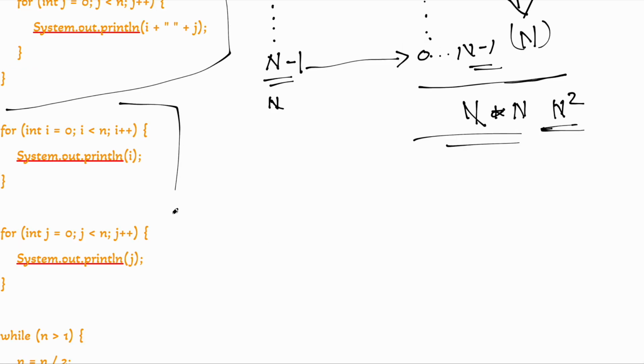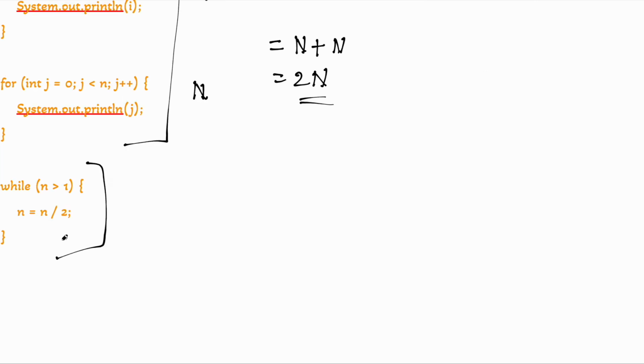And see how about this code part. We run an iteration n times, and we are running again n times, which is nothing but n plus n, which is 2n. Nice. How about this part? For each iteration we are dividing n by 2, dividing it by half.